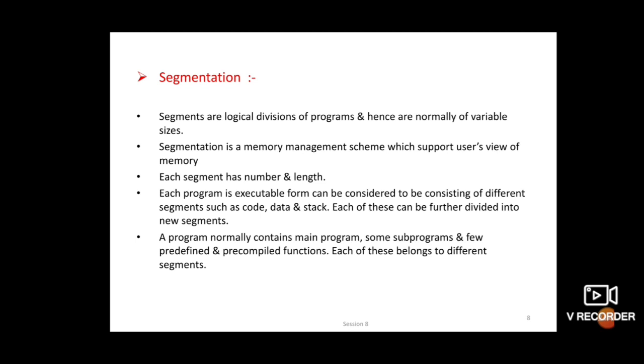A precompiled function is, for example, void main in C++. It is also a predefined and precompiled function. We can't rewrite these predefined and precompiled functions again and again. Understood? The best example in the C++ language is the pre-main program.